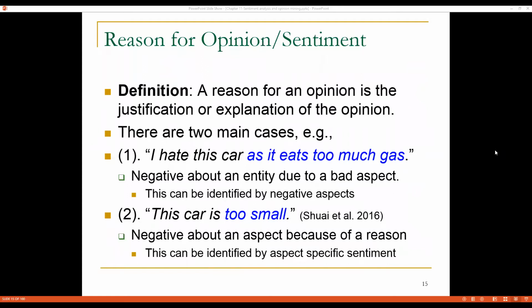This can be identified by negative aspects. So the car uses too much gas. That's a negative aspect. In the second example, it says the car is too small, and it's negative about an aspect because of a reason. It can be identified by aspect-specific sentiment.